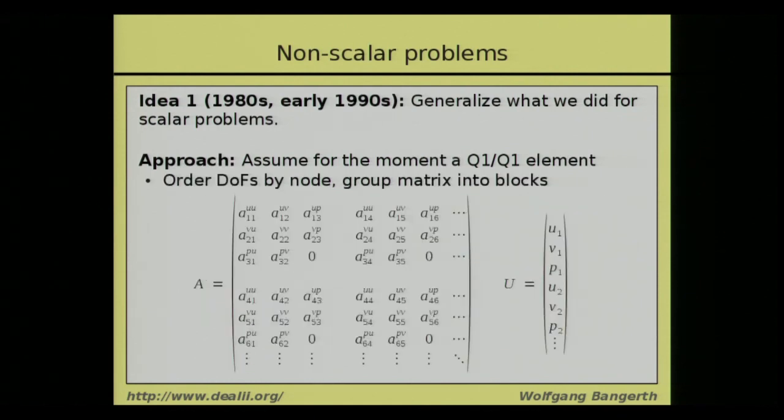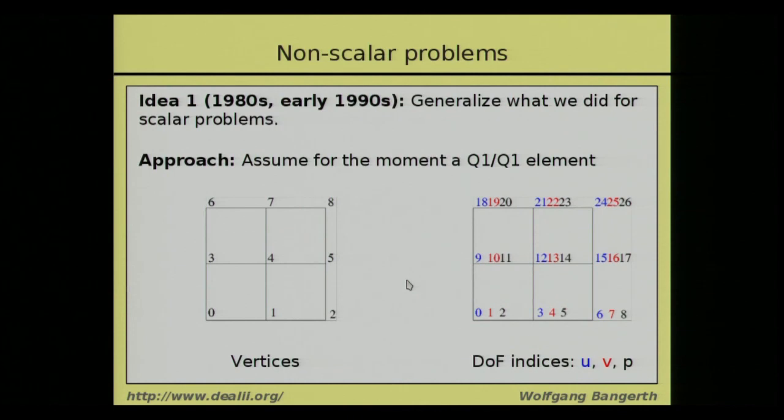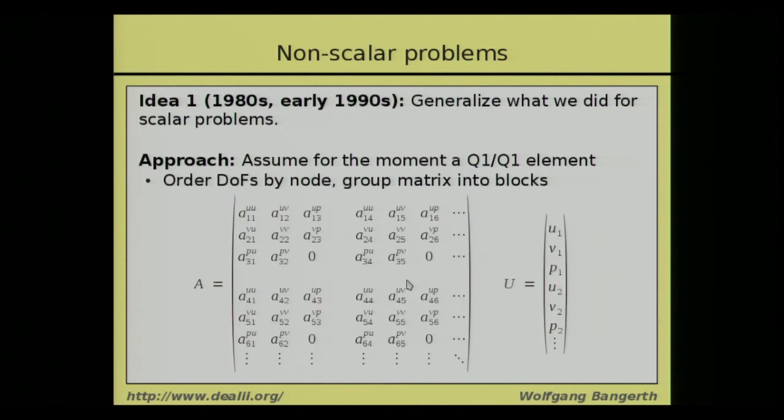But let's say I have chosen this particular enumeration. Then my matrix is going to look like this. So the matrix is going to be a big matrix of size, what did we have here? We had 27 degrees of freedom in total, so it's a 27 by 27 matrix. But I can think of it as being composed of 9 by 9 blocks, each of which are 3 by 3.